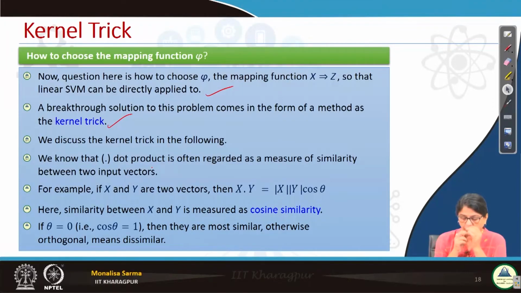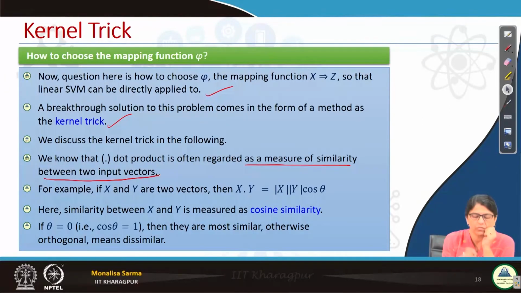You know what a dot product is, and cross products, all those things. So, we know the dot product is often regarded as a measure of similarity between two input vectors. We call it cosine similarity. For example, if x and y are two vectors, then we can write it in this way.